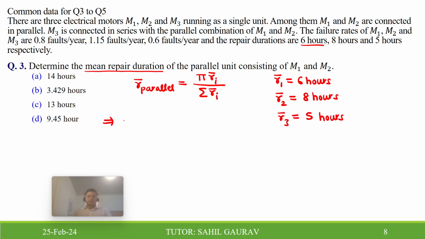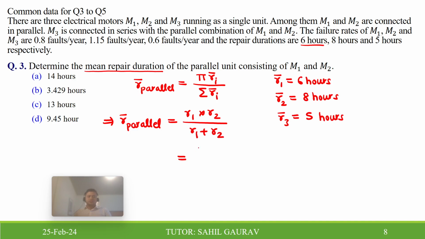So you will get the mean repair duration for the parallel system. Here we have to take the components M1 and M2 only. So R1 into R2 divided by R1 plus R2.